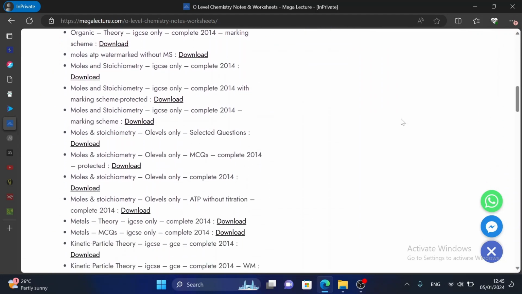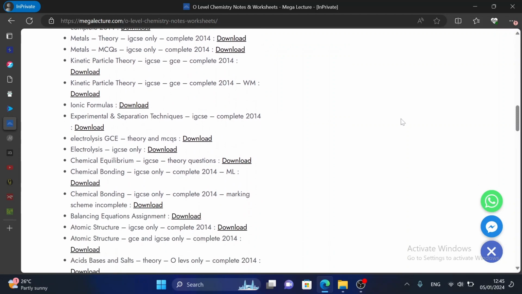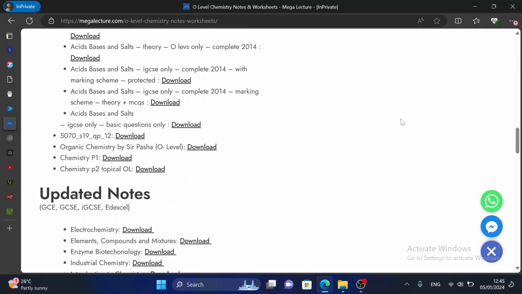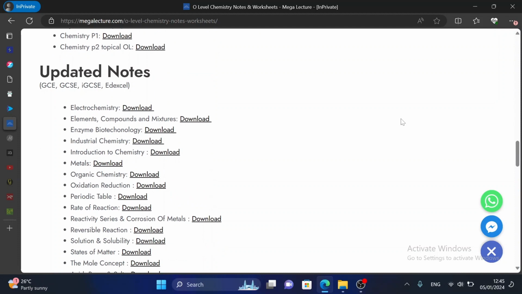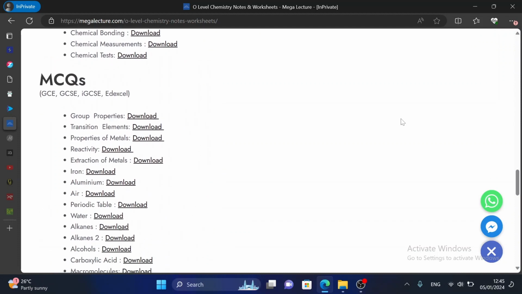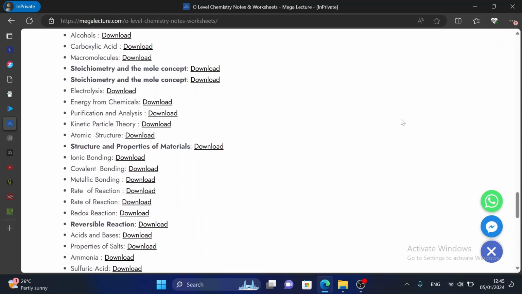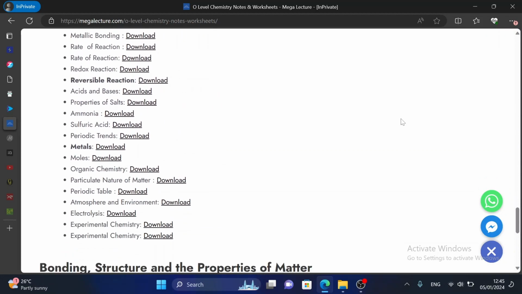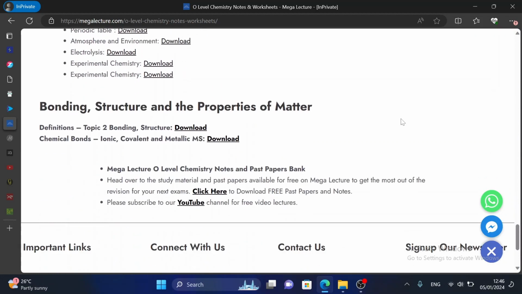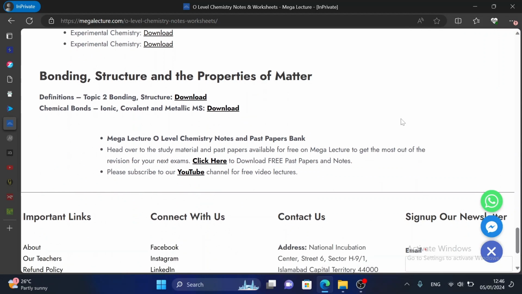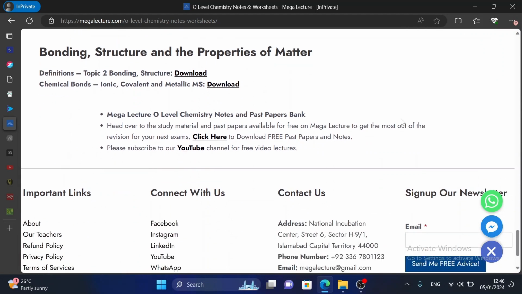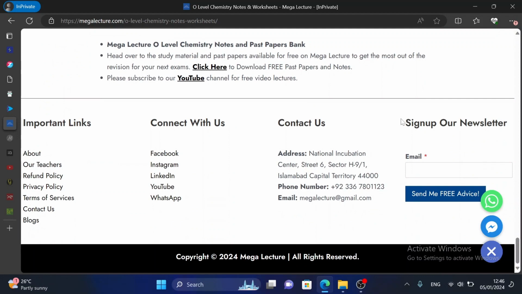They even go from physical chemistry to organic chemistry, and these are updated notes. And you have MCQ questions, so it'll help you on your paper 1s and 2s. And you have bonding structures and properties of matter.